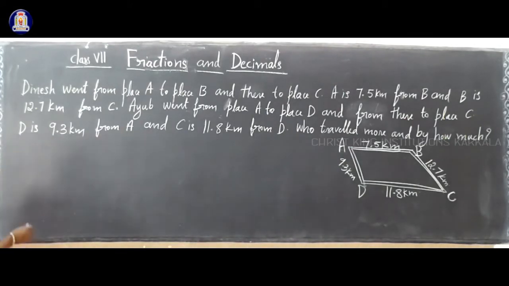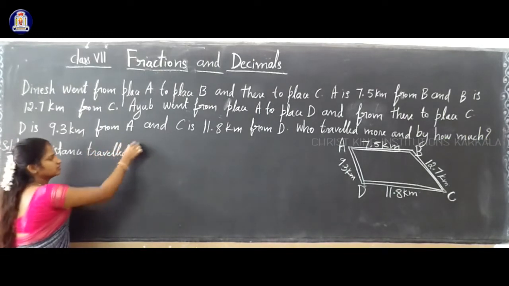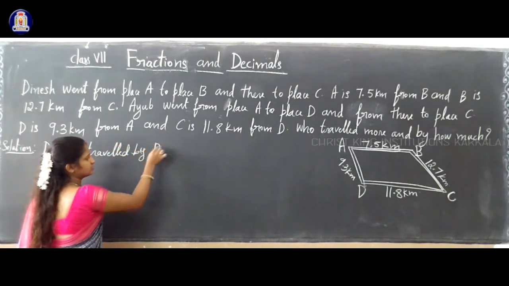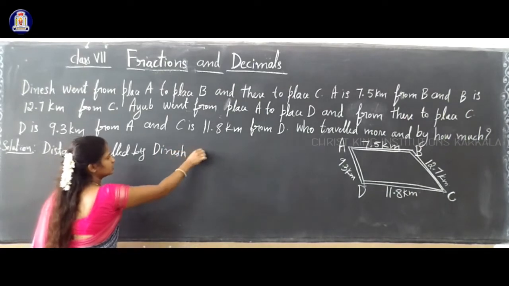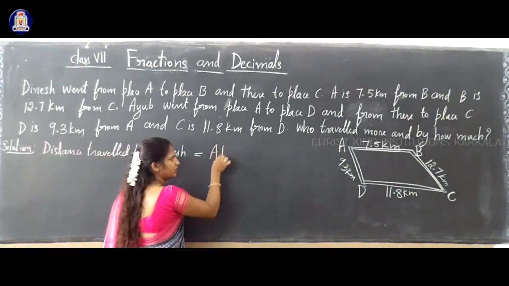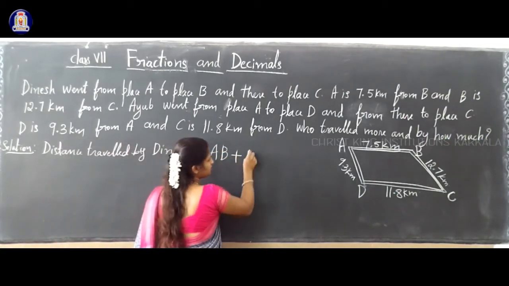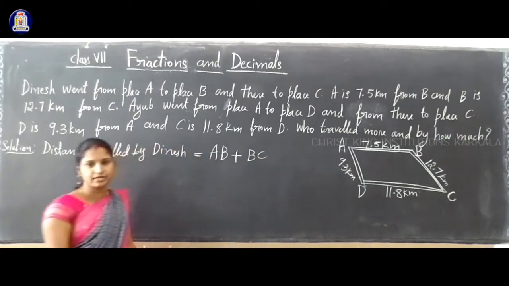First you have to write the distance traveled by Dinesh. So this is the solution. How to write? Distance traveled by Dinesh, he traveled A to B, AB plus B to C, that is BC.